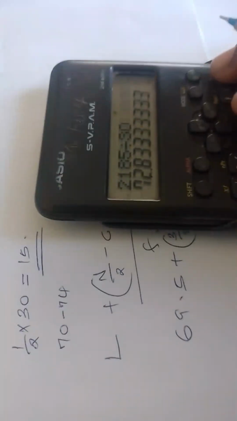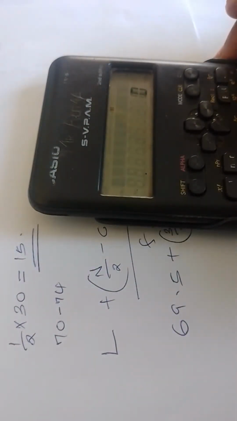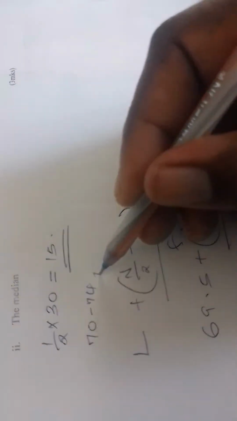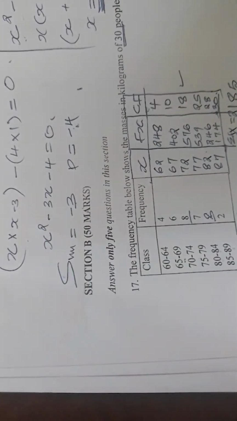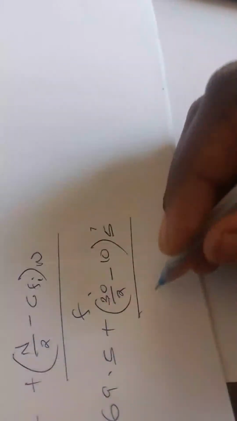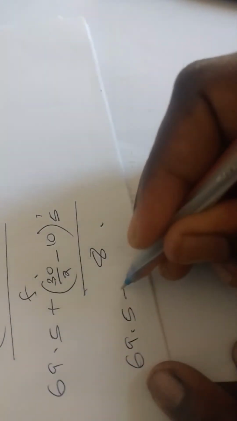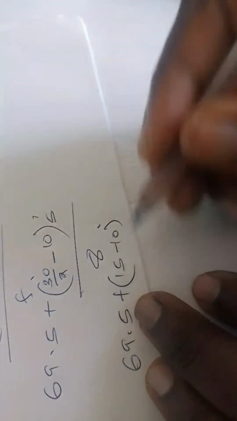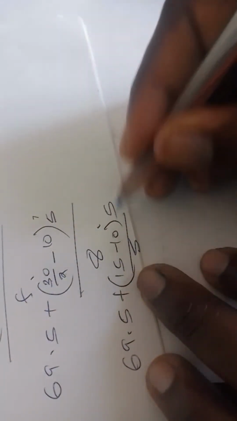The class width is 5. Is it 5? This one is the same as 74.5 minus 69.5, which is 5, over the frequency of this class. The frequency of that class 70 to 74 is 8. So for this one it will be 69.5 plus 30 divided by 2, that is 15, minus 10, over 8, then times 5.